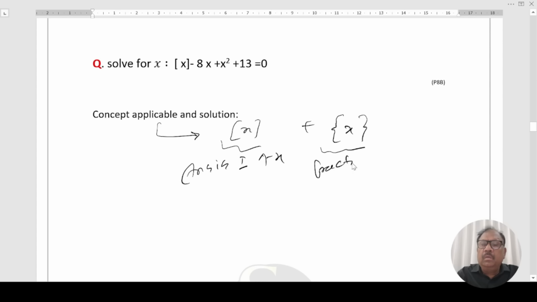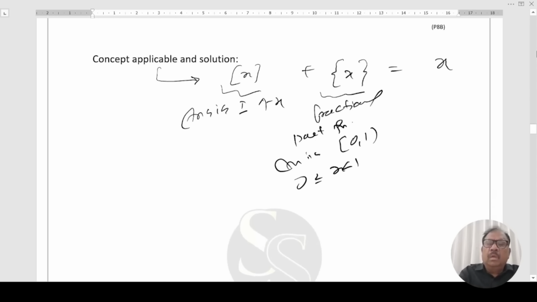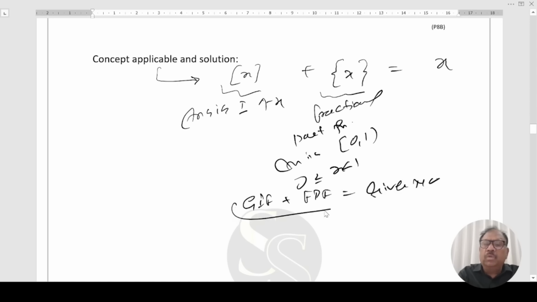The fractional part lies from 0 to less than 1. The sum of the greatest integer function plus the fractional part function equals the given number. Using this concept, the fractional part is in the interval closed 0, open 1.